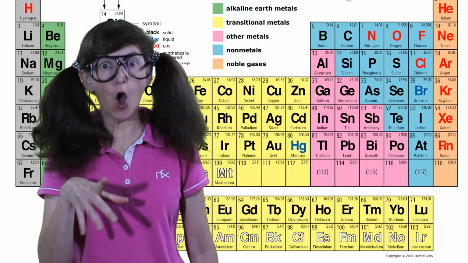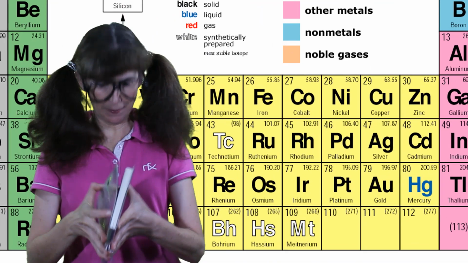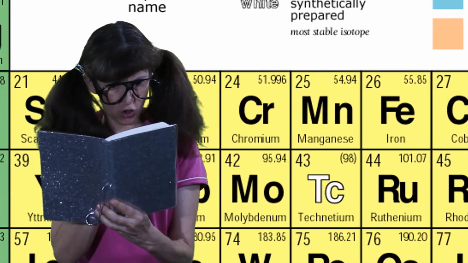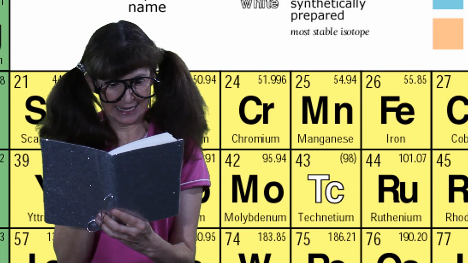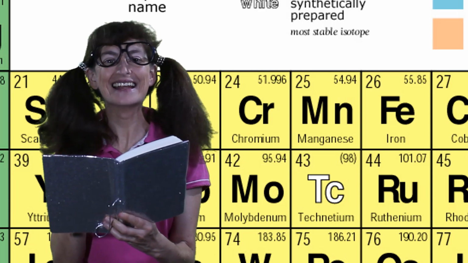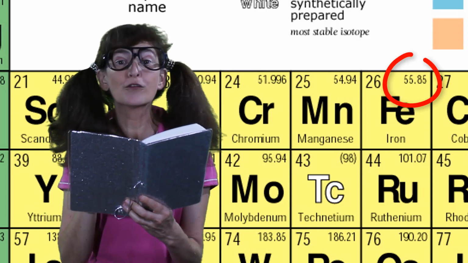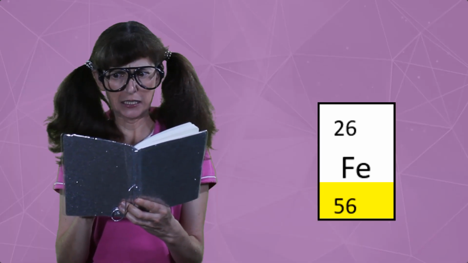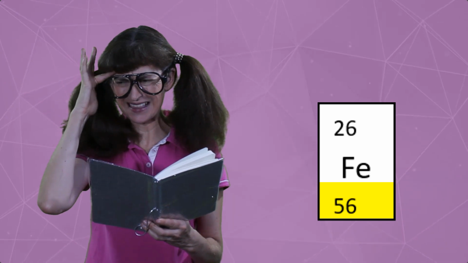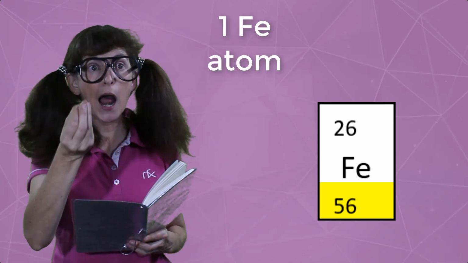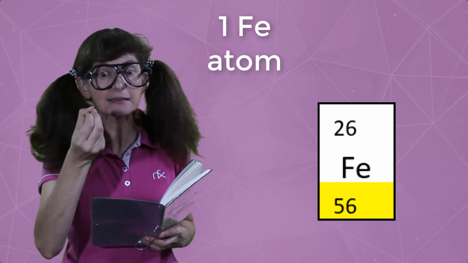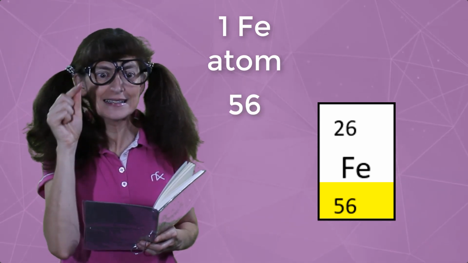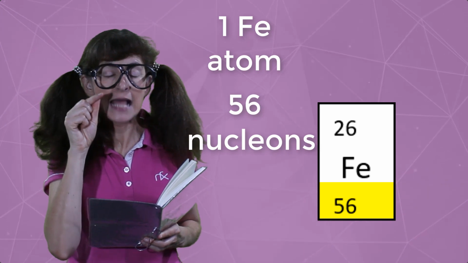Okay, so I take my periodic table and I look for iron. And I look for its mass number, and it's 56. So that tells me that if I had one iron atom, in the nucleus it's got 56 nucleons.